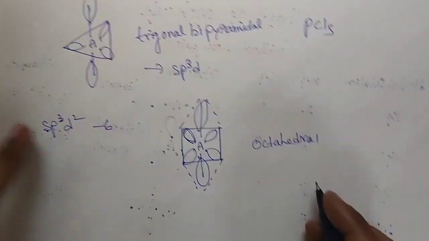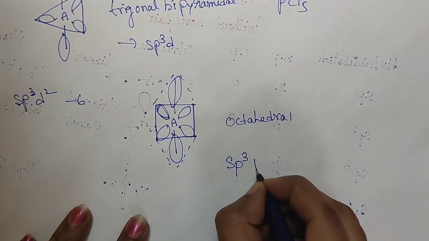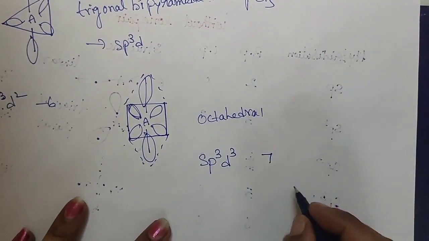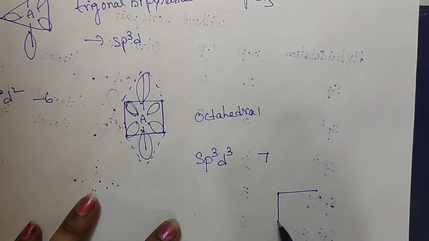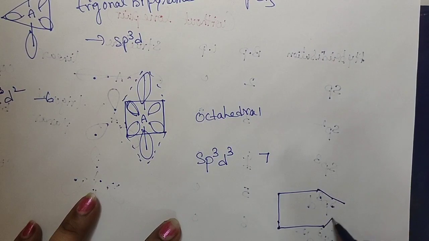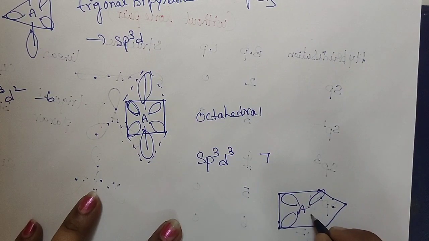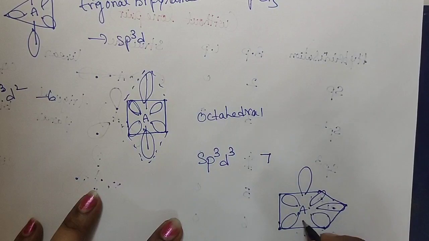Next we'll go for sp3d3. Total 7 hybrid orbitals. How can we arrange them? Just think of arranging balloons in different ways. 7 balloons are there, and we arrange them like this: 1, 2, 3, 4, 5 in the plane, the remaining 1 is up and 1 is down.